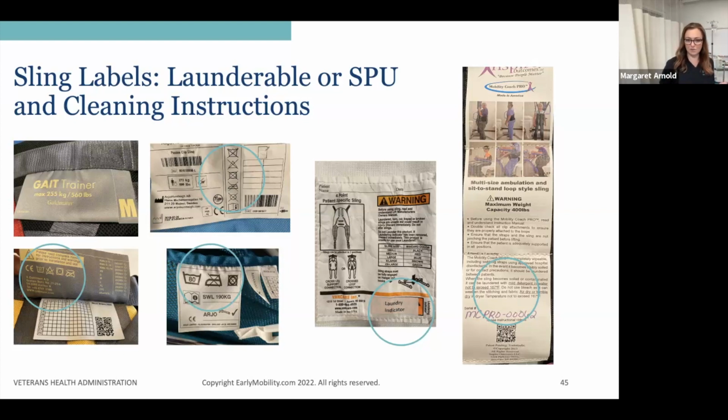So that helps you take it out of circulation, and it helps you know that is a single patient use as opposed to a re-launderable harness or sling. And in the last example, you'll see it in the narrative. If your sling does not have the cleaning instructions, make sure you know in the instruction for use how that sling should be cleaned.